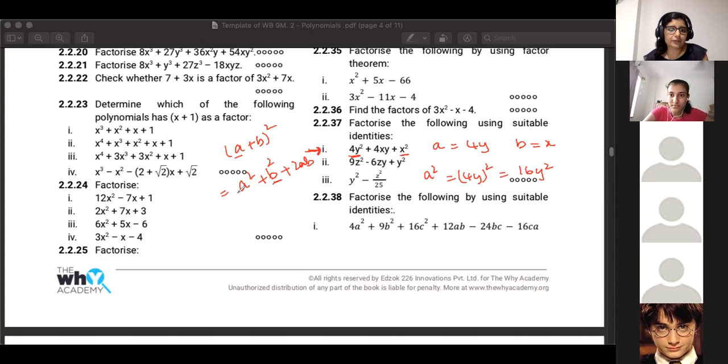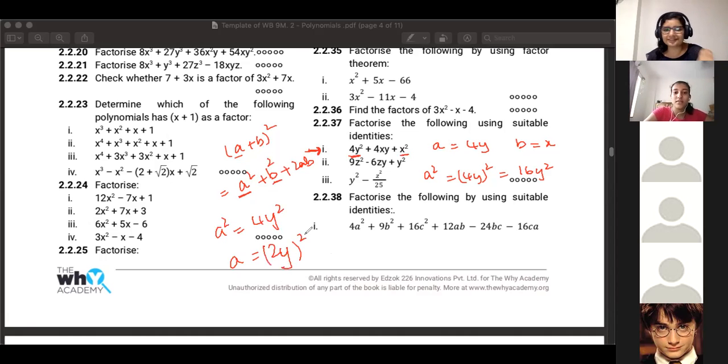What should the value of a be? Your a square is 4y square. So what will be the value of a? Which number, when squared, gives 4y square? Ma'am, 2. Just 2. Ma'am, 2y. 2y, yes.